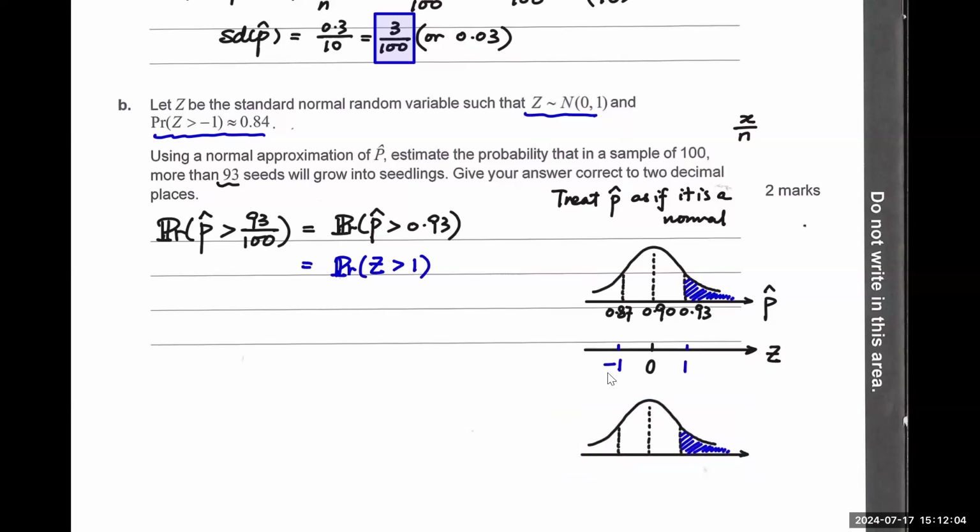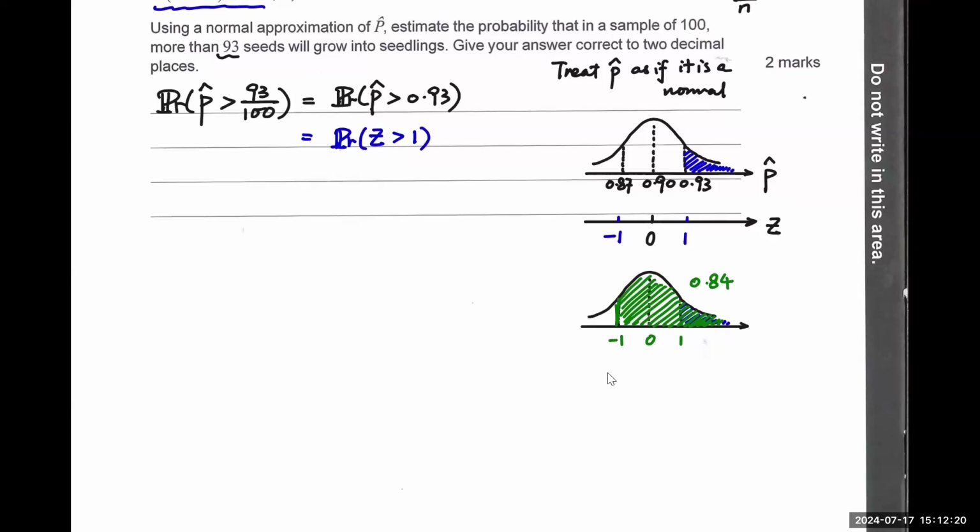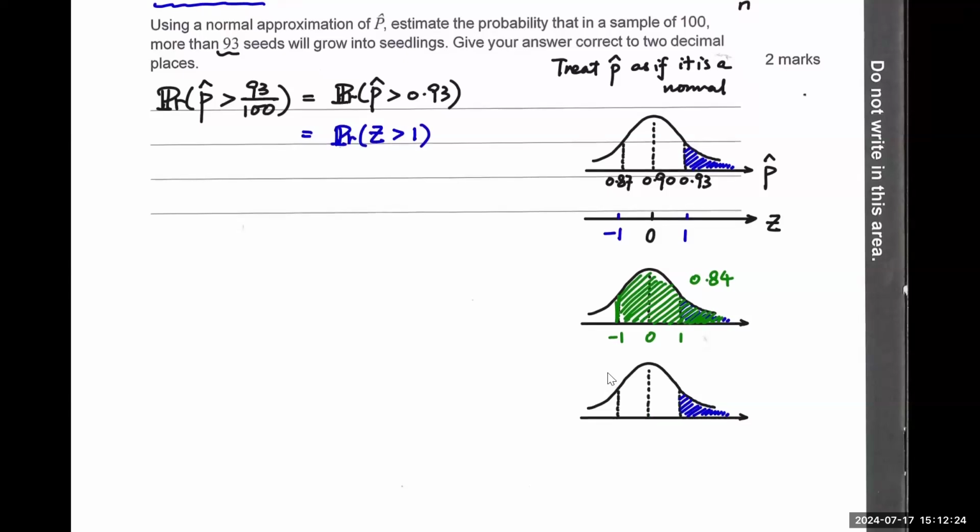That is like when I have a 0 here, -1 here, and a 1 here, the question actually provided me z greater than -1 is 0.84. So this is 0.84, okay? And you could also argue that from -infinity to 1 here, this bit is 0.84.